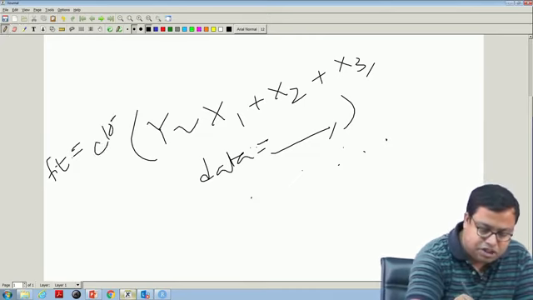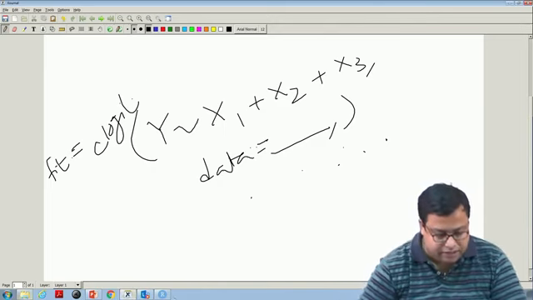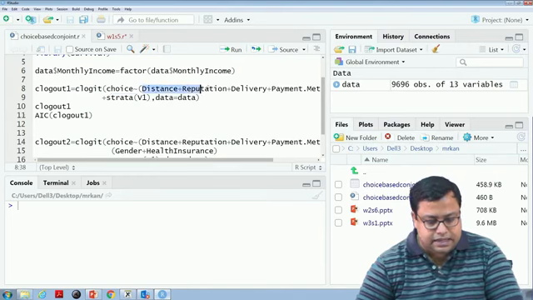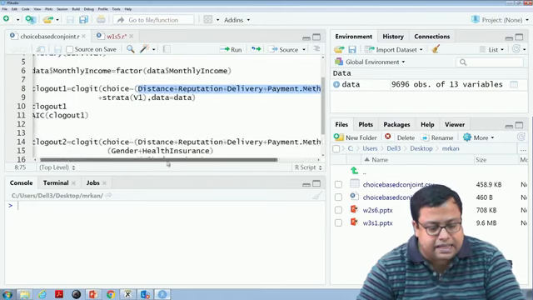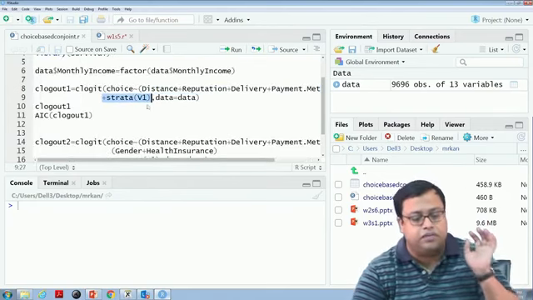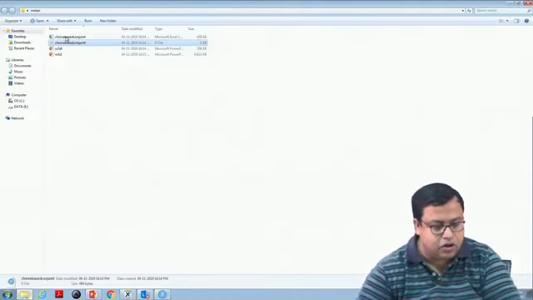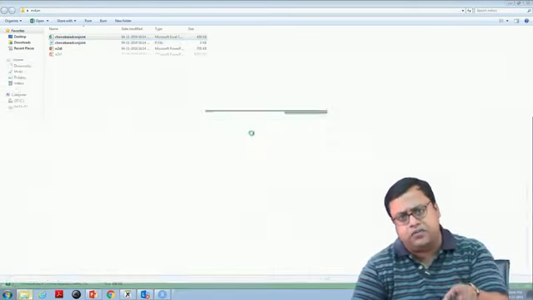So, clogit and then y tilde x1 plus x2 plus x3, I have written that. So, choice tilde distance plus reputation plus delivery plus payment method plus price. The extra thing that I am writing is strata is equal to V1, strata V1. Why? What is strata? The strata is this particular column, where I will come to know, and this has to be written in this format, 1 plus something.